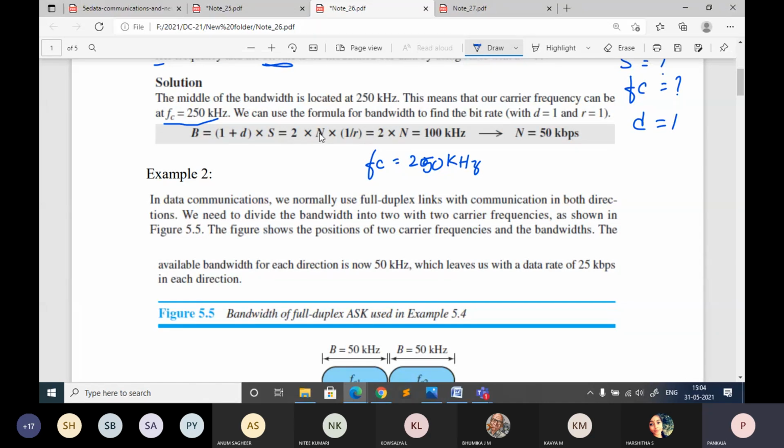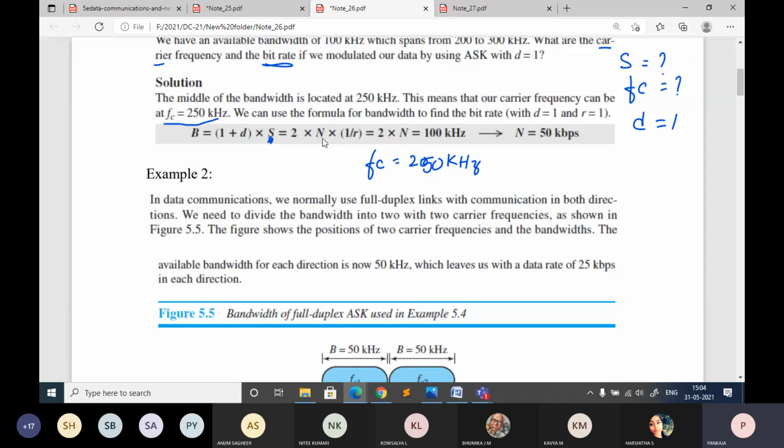So 2 into S, and S is represented in terms of the previous one, just recall how to calculate bit rate. The same formula is substituted here directly: 2 into N into 1 by r.